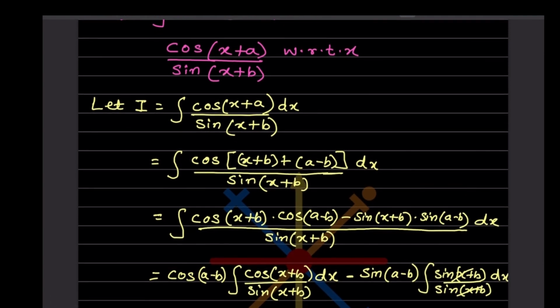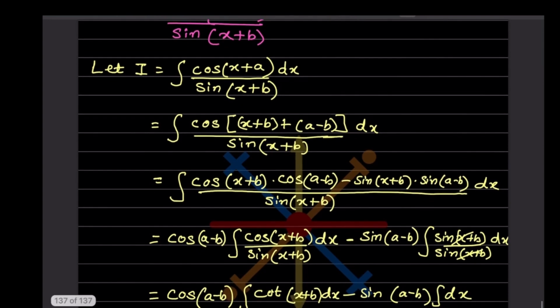Now this is cos of (a plus b), and the formula for that is cos a into cos b minus sin a into sin b. So this is the formula for cos of (a plus b). The denominator is this, and this is dx.